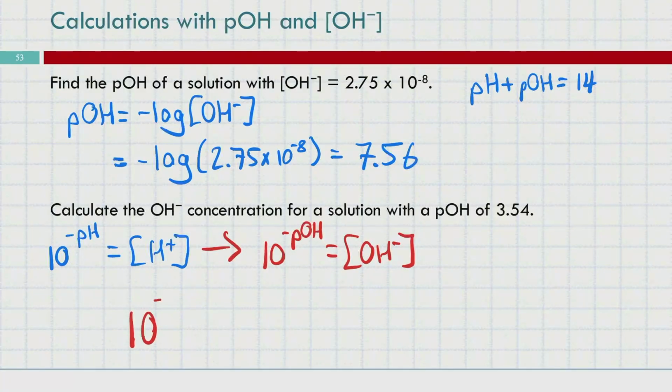So plug in 10 to the minus 3.54. We should get a number with an exponent that's plus or minus 3, or negative 3, rather. So 10 to the minus 3.54, 2.88 times 10 to the minus 4.